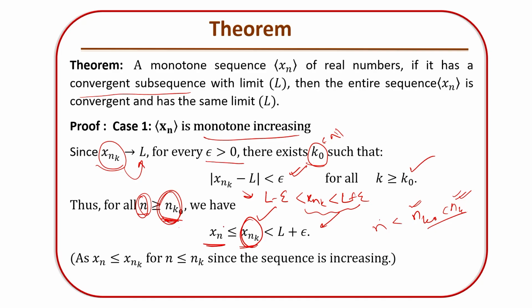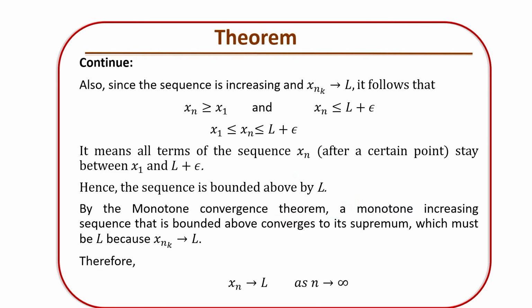So we now have x_n less than L plus epsilon. That's for sure, since the sequence is increasing. Since x_{n_k} tends to L, it follows that x_n must be greater than x_1, and hence all the terms of the sequence are bounded above by L plus epsilon and bounded below by the first term x_1.